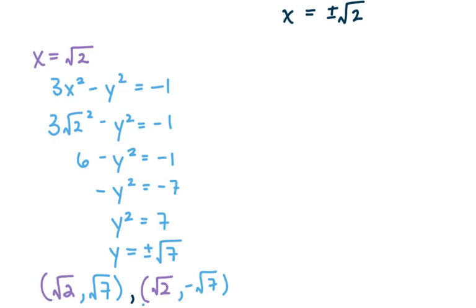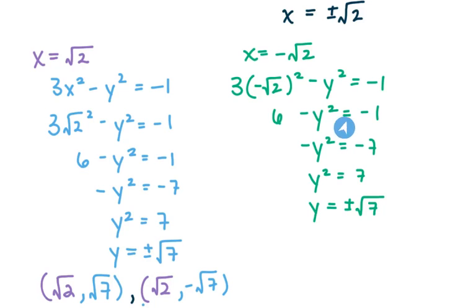So let's look at x equals negative root 2. So we'll choose the negative of that value and we'll plug it into that same equation. It gives me 3 negative root 2 squared minus y squared equals -1. And running through some very similar algebra, we again get 2 output y values, which correspond to this input negative root 2.